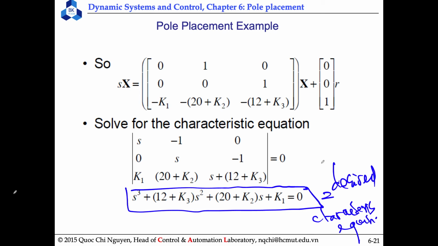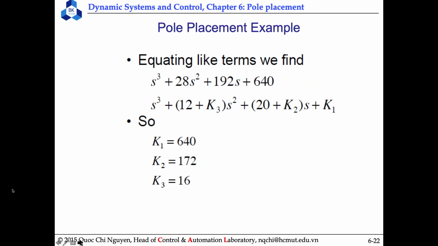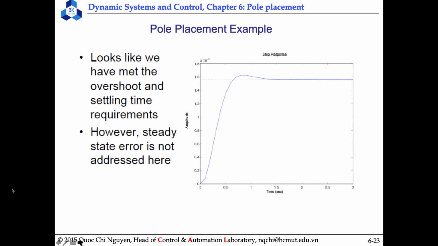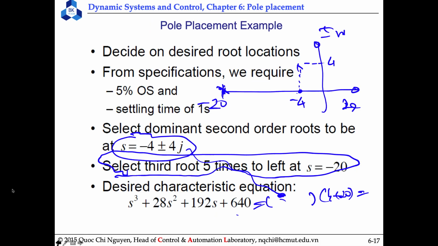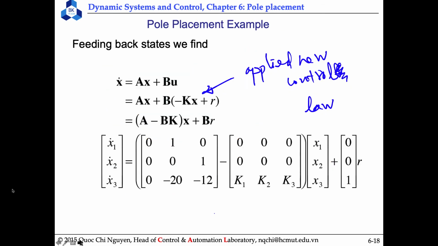And from here we can find the values k1 up to k3. And this is the result we already saw. And let's simulate. So what is our requirement here? The overshoot is 5% and the settling time is 1 second.